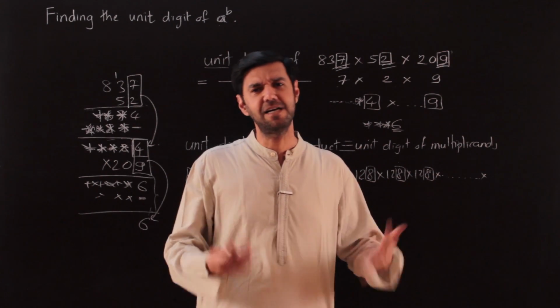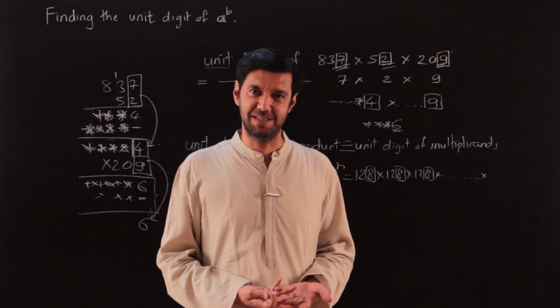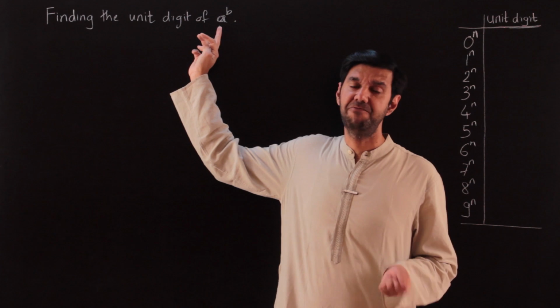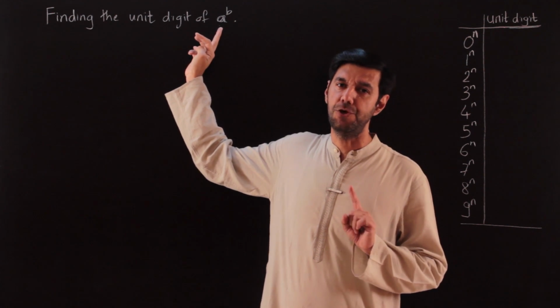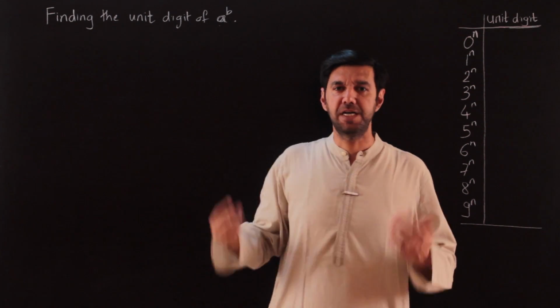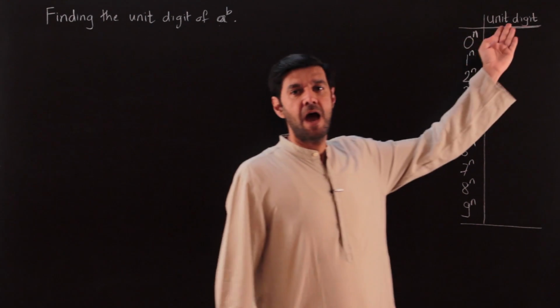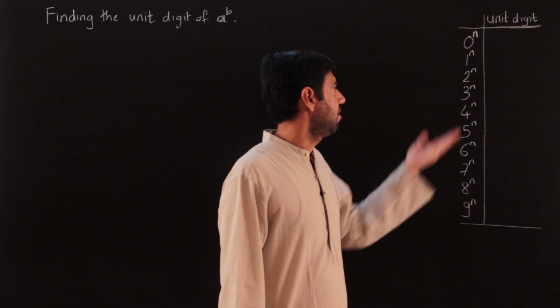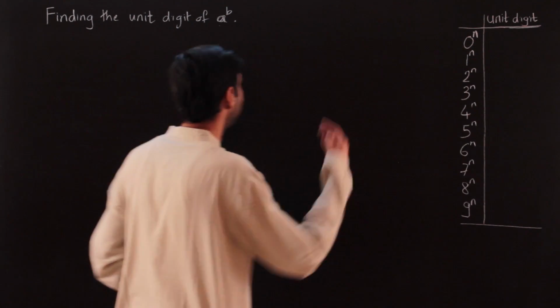So let's get started and learn. A lot of them are very, very easy as well. We just learned that whatever the base may be, we are interested in only the unit digit of the base because we want to find the unit digit of the product. And the unit digit of the base could just be these possible values. So let's find a few that are very easy.